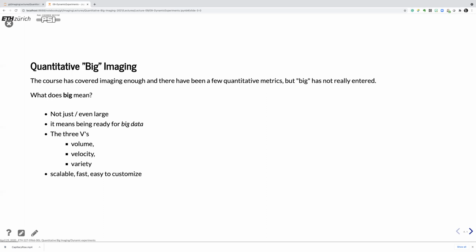To be prepared for this, we need to be scalable, we need to be fast, and we also need to be able to easily customize the code for maybe slightly different conditions between experiments, not rewrite the code every time you do a new experiment.